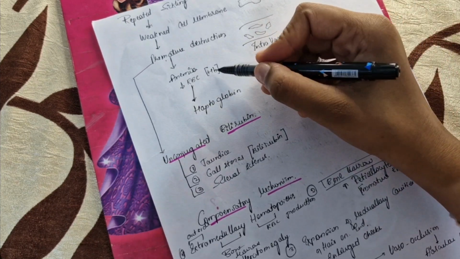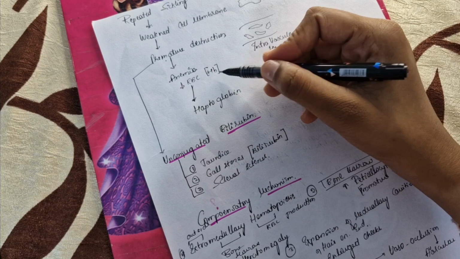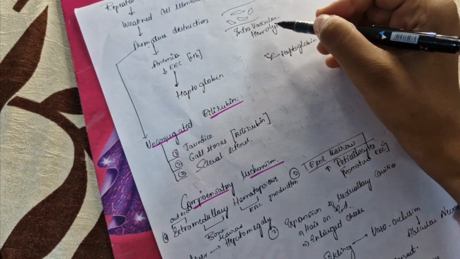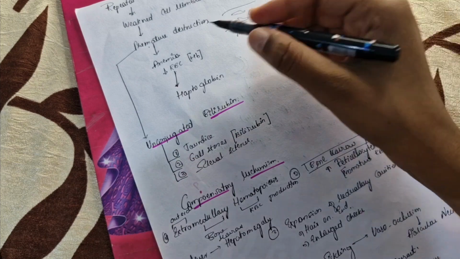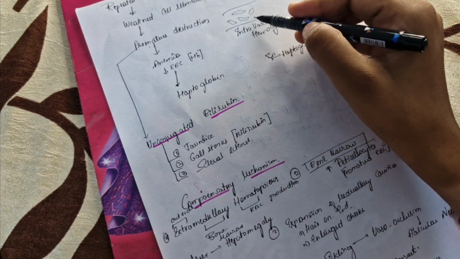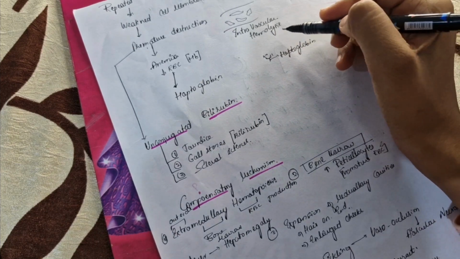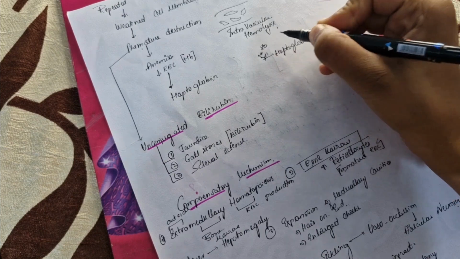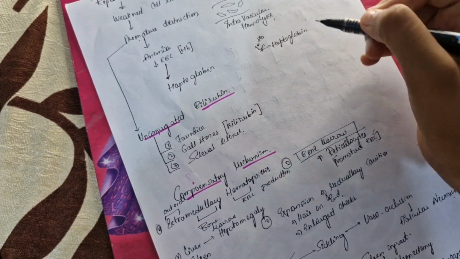Hemoglobin is bound by haptoglobin, so the concentration of free haptoglobin in the serum will be decreased. This premature destruction of RBC takes place within the vessels, so it is known as intravascular hemolysis. Haptoglobin binds to the hemoglobin, so the free haptoglobin level will be decreased.